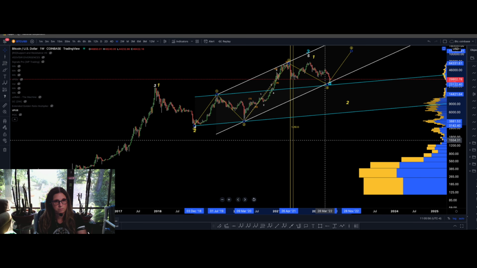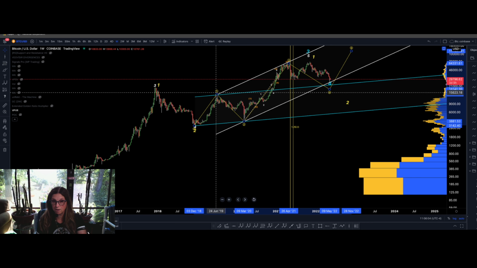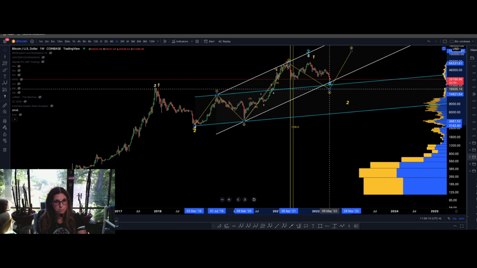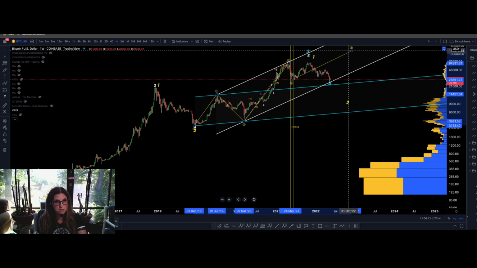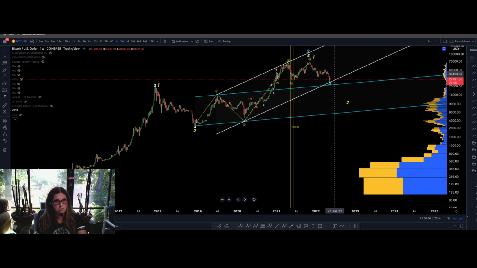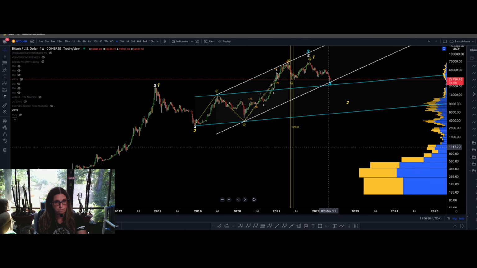That can happen. But I want to see it hold this base channel. Or if it breaks it, we know that we cannot come into the 1. And there's a lot of things lining up here that it really needs to hold this one more rollover in this base channel.